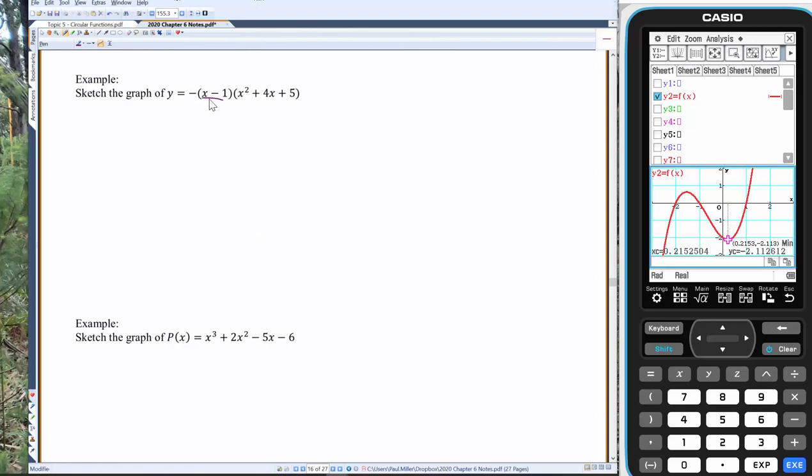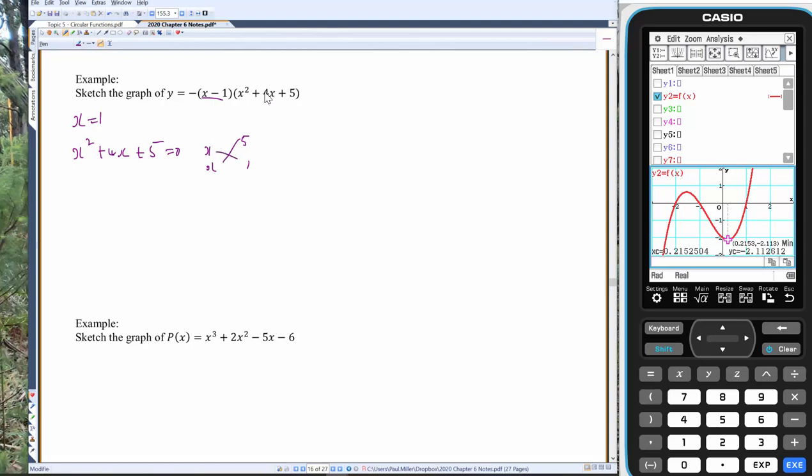All right, so we've got this here when we solve. That's going to be x equals 1 when I solve, and x squared plus 4x plus 5 also equals 0. So what we're going to do is go ahead and try to solve that. Interesting.